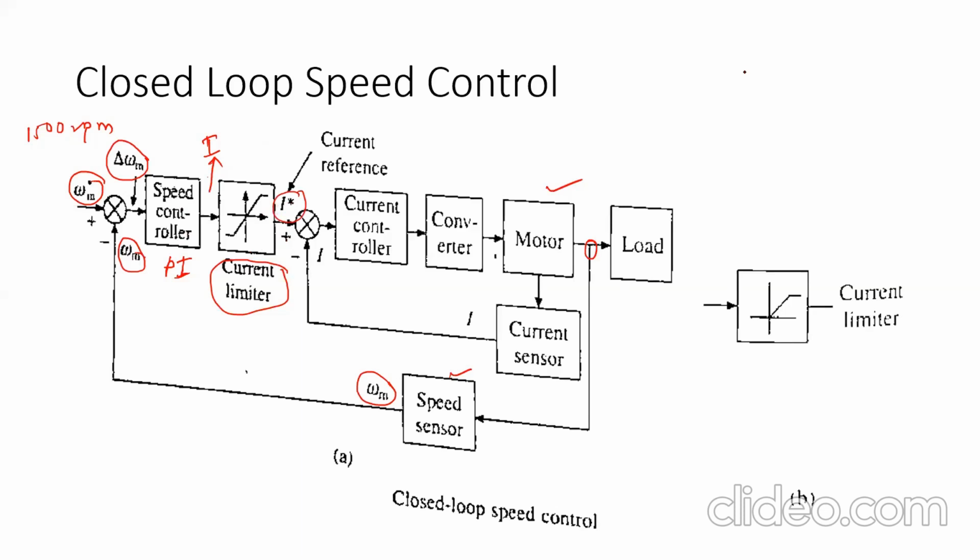Suppose the current limits are like this: upper limit is 15 ampere and lower limit is minus 15 ampere. Suppose the actual current I is equal to 16 ampere. The current limiter algorithm is like a saturating function.